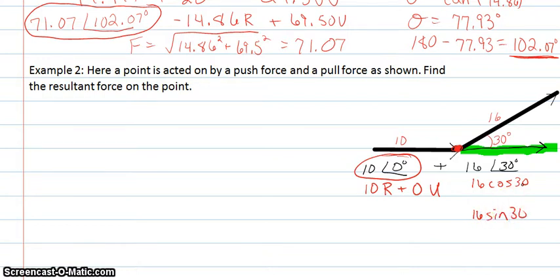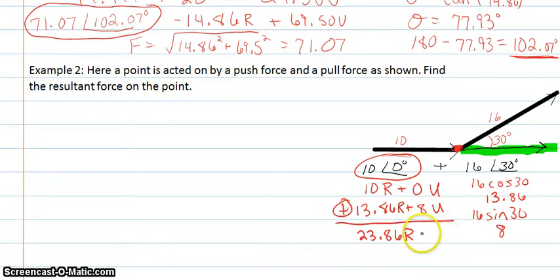So the 16 cosine of 30 is approximately 13.86, and the sine of 30 is 8. So we can add these. This would be 13.86r plus 8u, and then we can just add straight down. So this would be 23.86r.